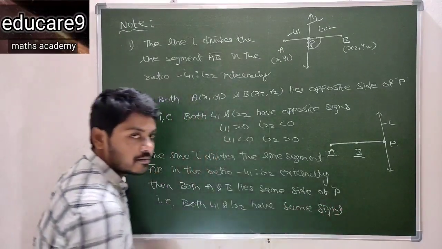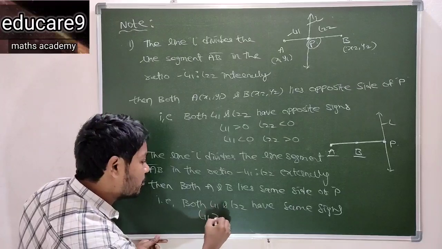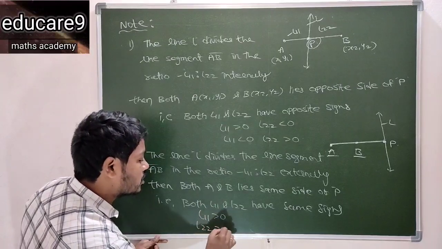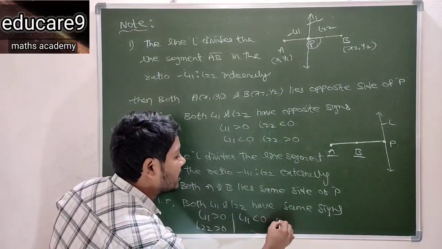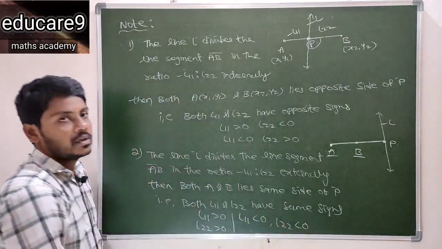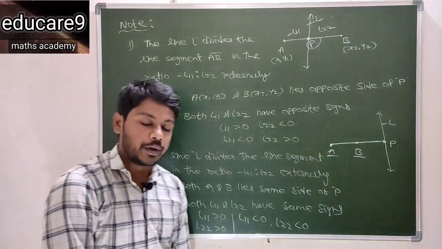Same signs means L11 positive and L22 positive, or L11 negative and L22 negative. Okay, so these are the two noted points.